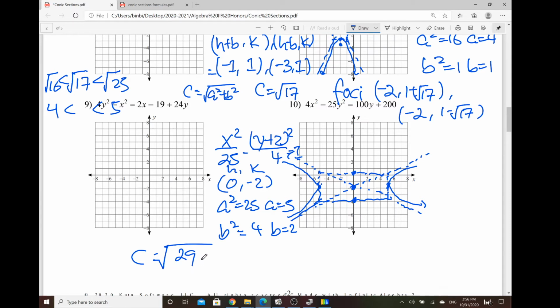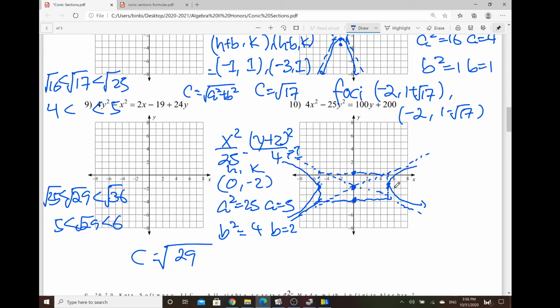So again, in order to find what square root of 29 is, you can always approximate it. It's greater than square root of 25, but it's less than square root of 36. So it's between 5 and 6. It's about 5.4 something.